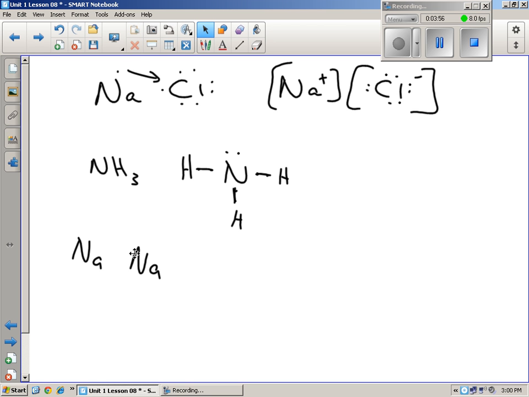In fact, you can combine metals together. Not only can you combine sodium atoms together, you could combine numerous metals together. For example, when we talk about alloys, you guys have heard alloys, right? Alloy rims on your car, magnesium and aluminum together.